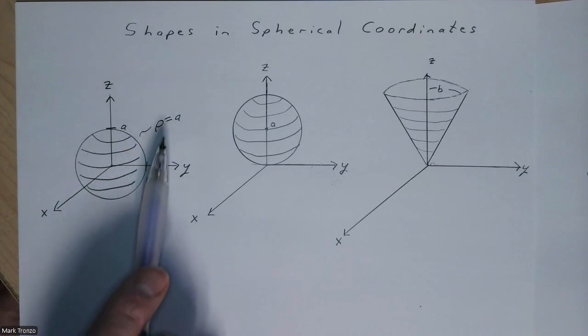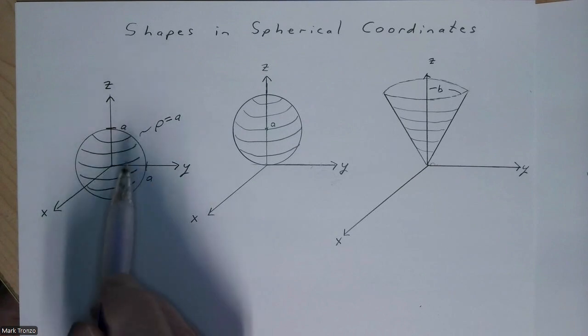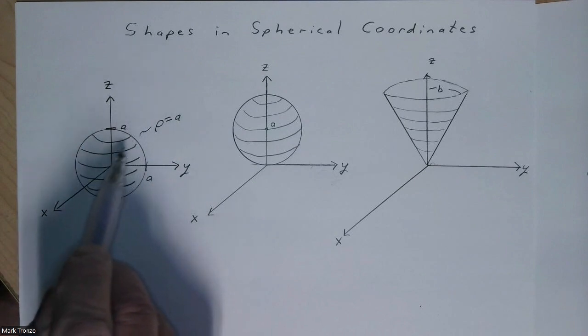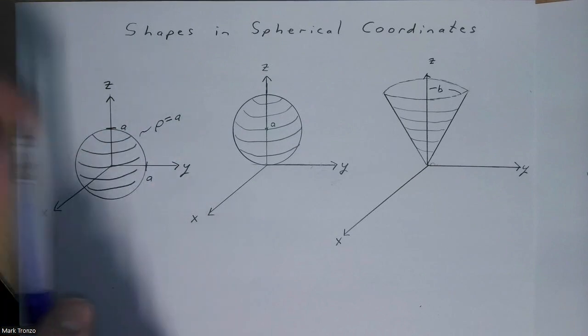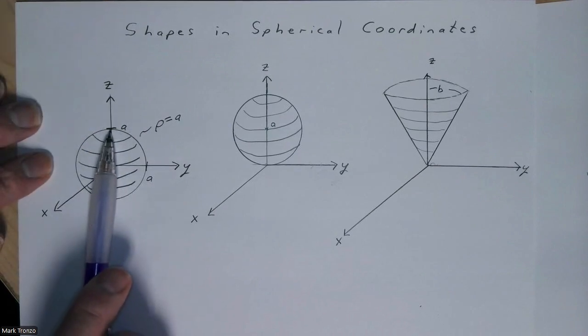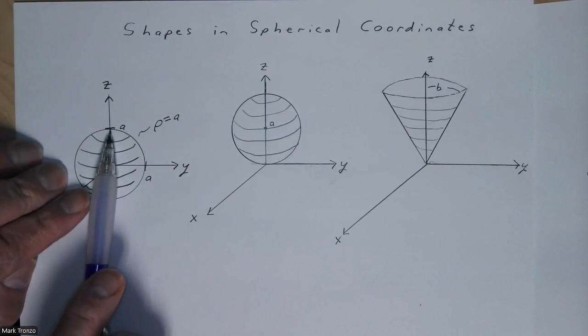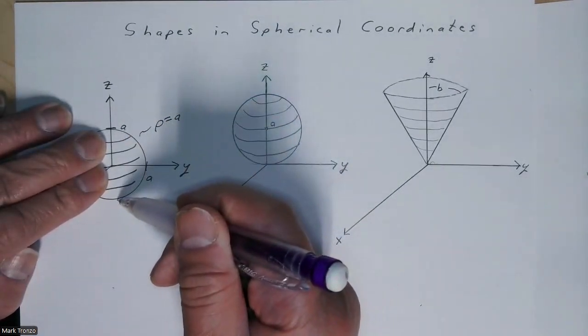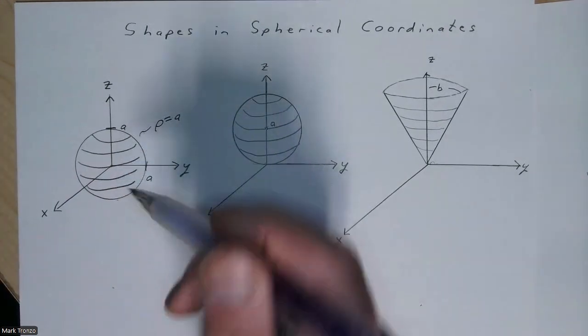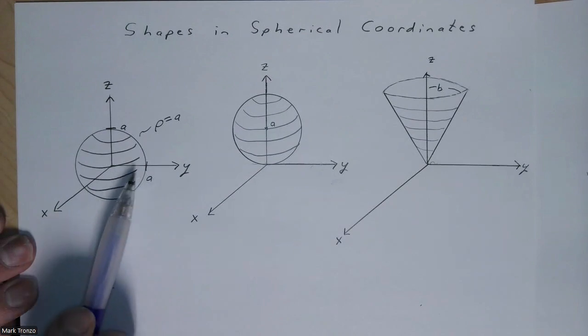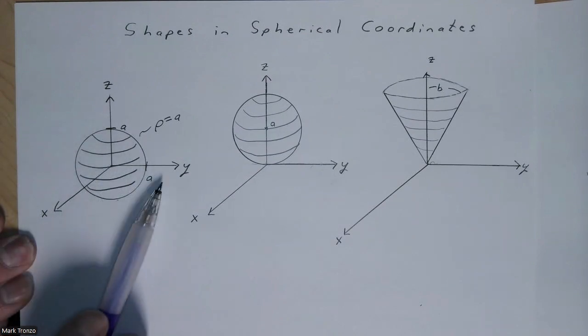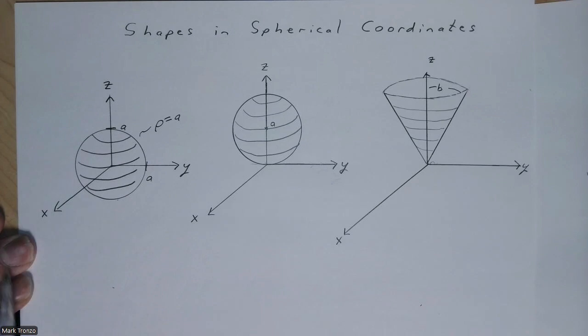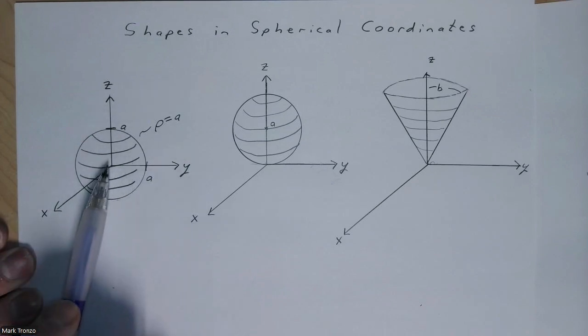You can see this because if you have a radius A out here, and you give phi all possible values, that will generate a semicircle. Then if you allow theta to have all possible values, it will repeat all the way around the z-axis. So that's going to be a sphere centered at the origin.